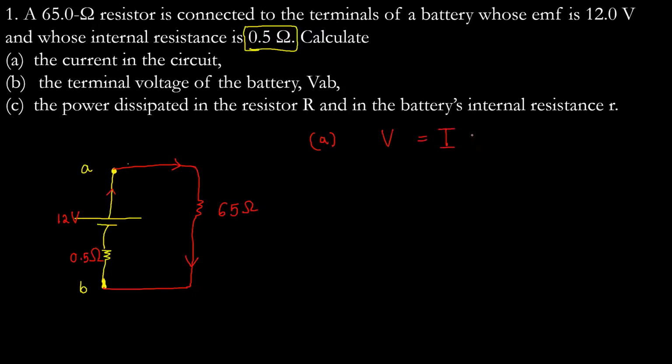So this is our external resistor and the voltage across it is VAB. VAB is given by IR, where I is the current through your circuit and R is your resistor.